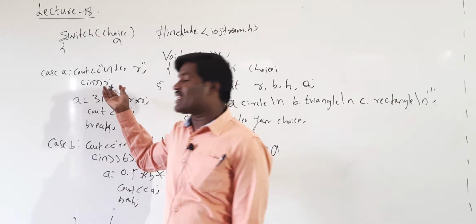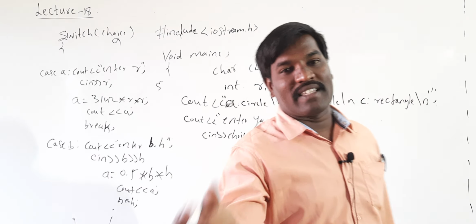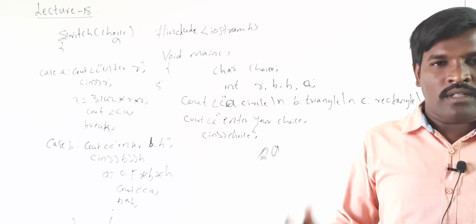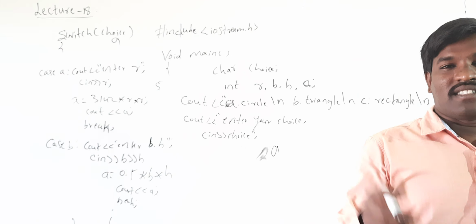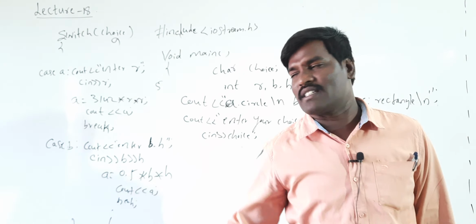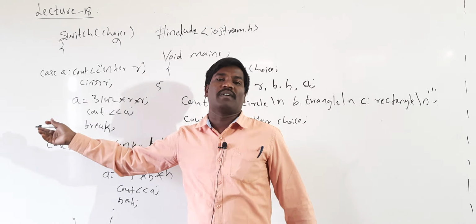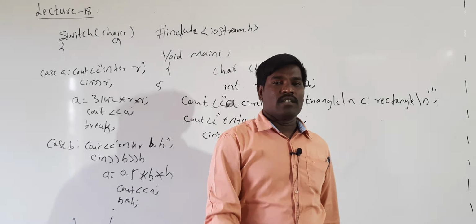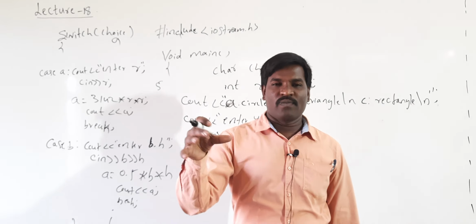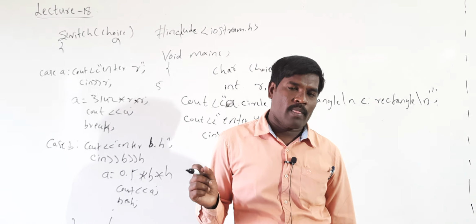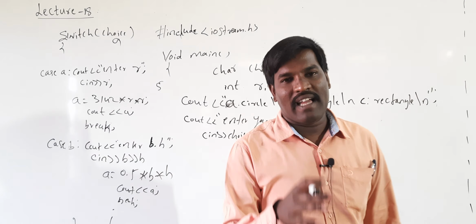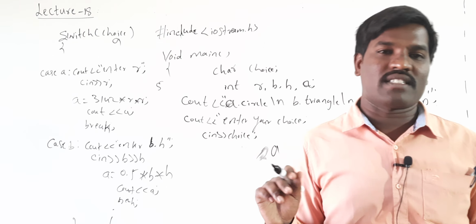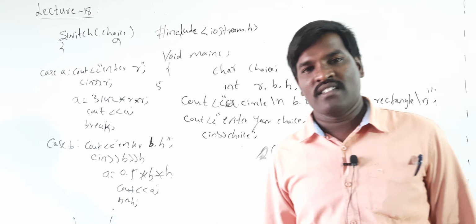But here directly it will execute the particular cases. In the if, else if, else, sequentially it will check, but here directly it will execute the particular cases without checking. So that is selecting from the alternatives. Okay, internally the execution of the switch is faster as compared to the normal if then else if statement.